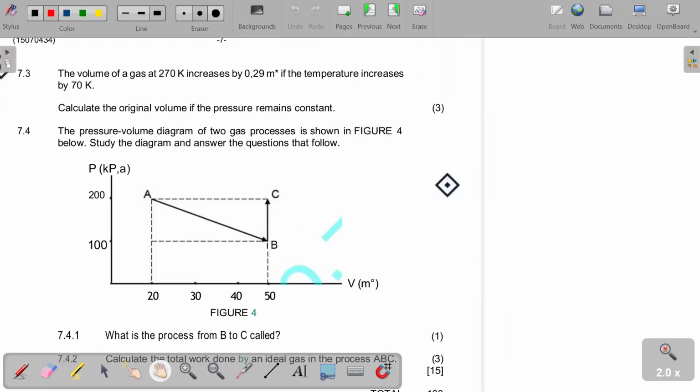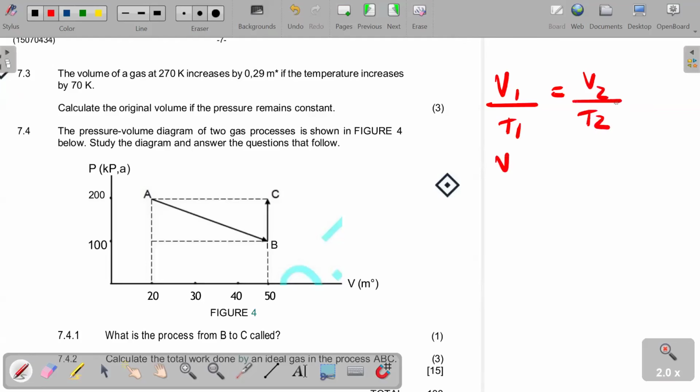Calculate the original volume if the pressure remains constant. In this case, we can use Charles's law: V1 over T1, since pressure remains constant, is equal to V2 over T2.